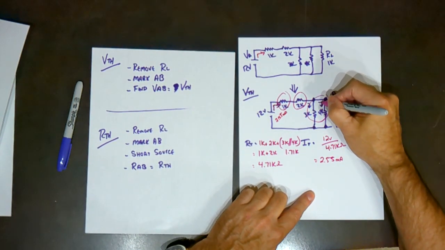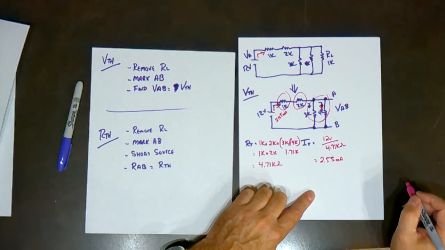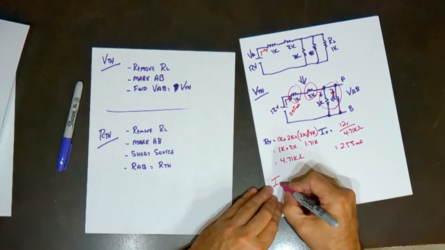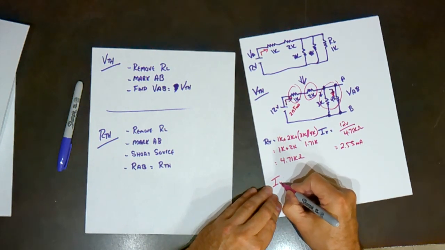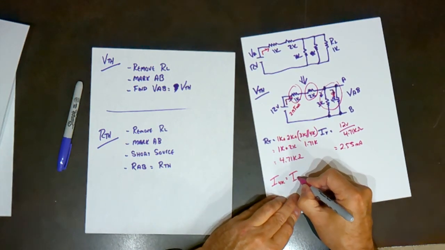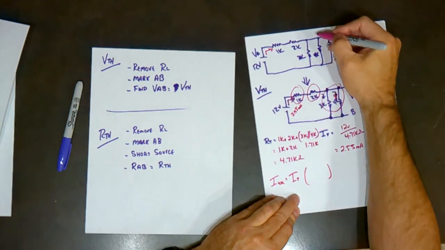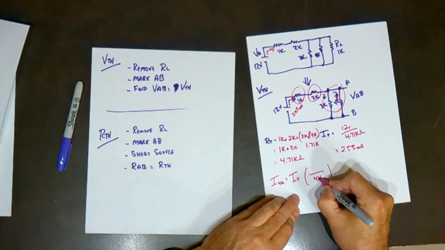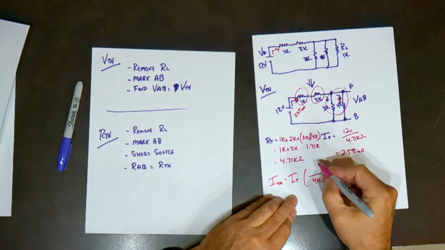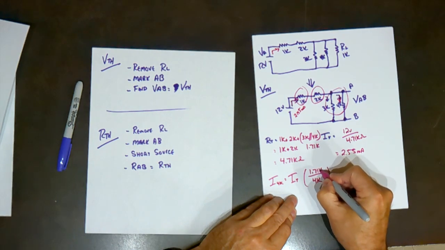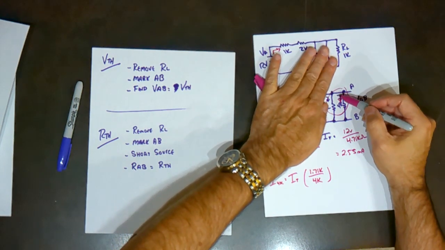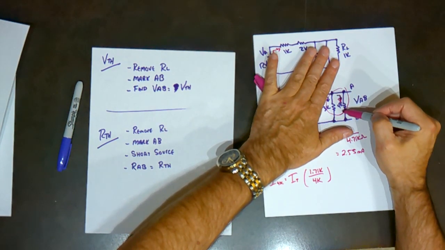And we want to find out how much is going down this branch. So we can use that current divider formula, and it says current of the 4K resistor is equal to I total. The 4K resistor is the one we care about. And then this parallel, which is 1.71K. So we care just about this parallel spot, and we care about the split.